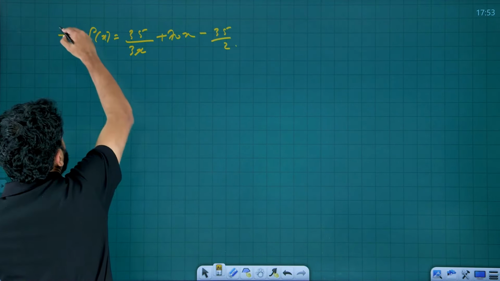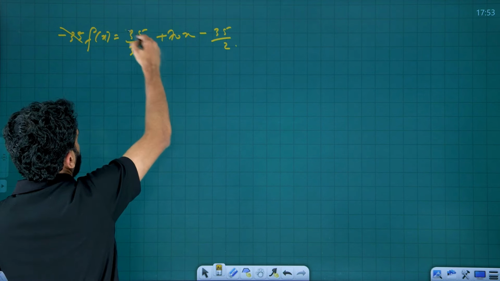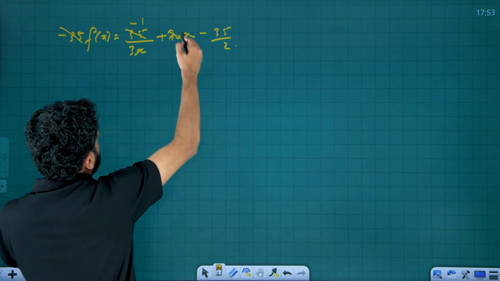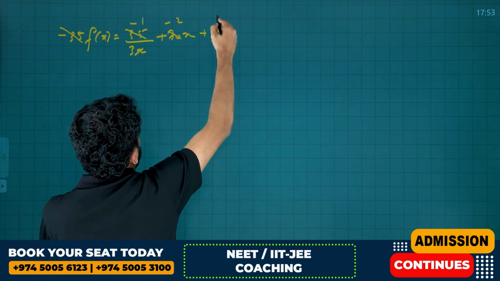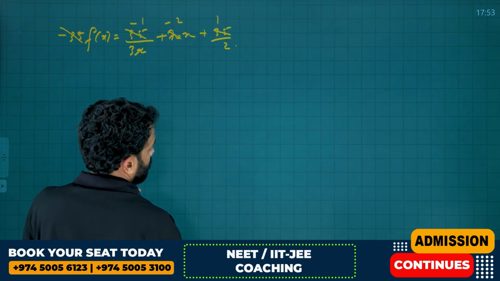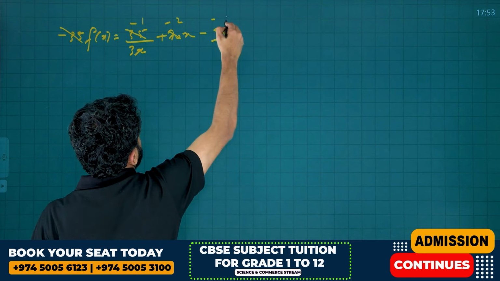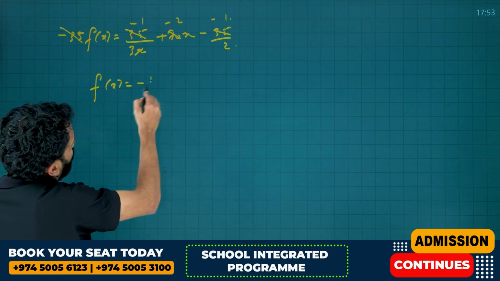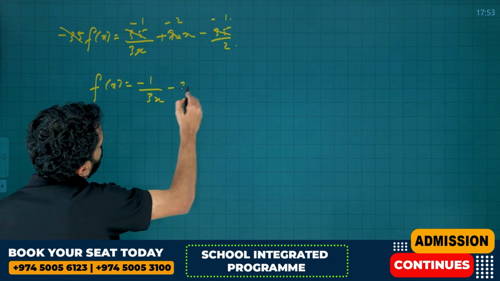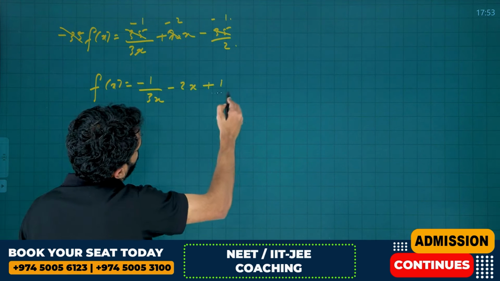Next, we can cancel the LHS and RHS with minus 35, and you will get minus 1, this is minus 2 and this is plus 1. So it becomes f of x is equal to minus 1 by 3x minus 2x plus 1 by 2.